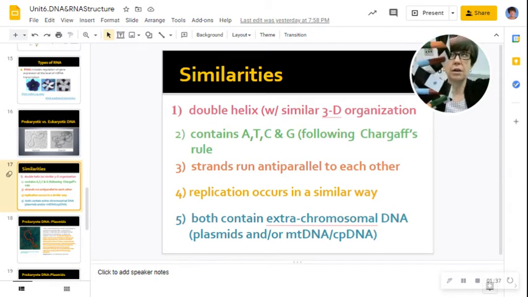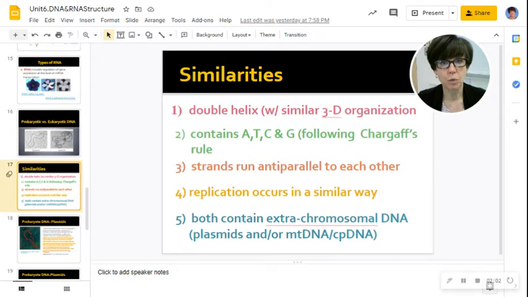For example, the distance between the coils or the twists, the distance across the front here, okay? What's the distance between the different nucleotide bases in the ladder? All of those 3D organization things of the helix itself are similar across all cells, prokaryote or eukaryote.